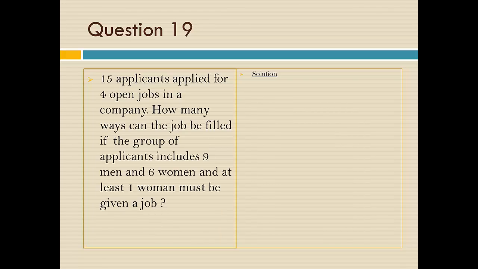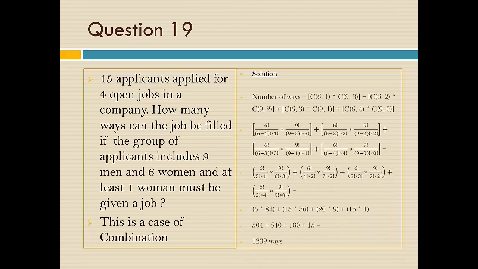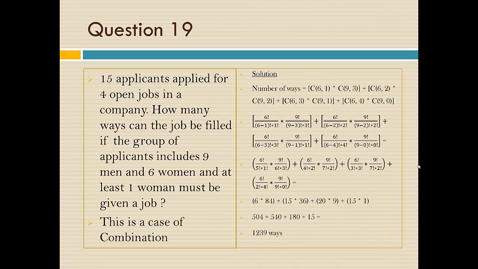So these are the cases we shall consider: 6 come 1 times 9 come 3, or 6 come 2 times 9 come 2, or 6 come 3 times 9 come 1, or 6 come 4 times 9 come 0, since at least 1 woman must be given a job.